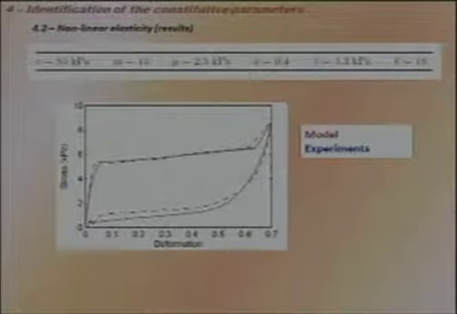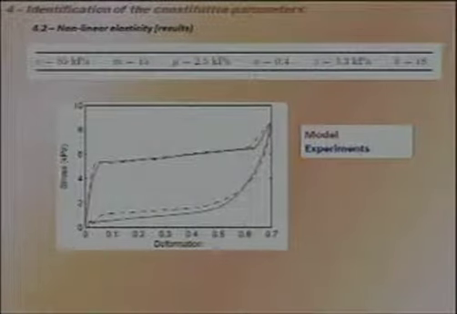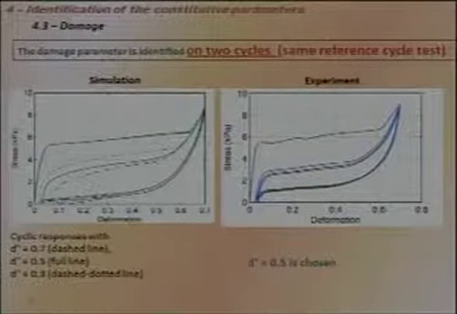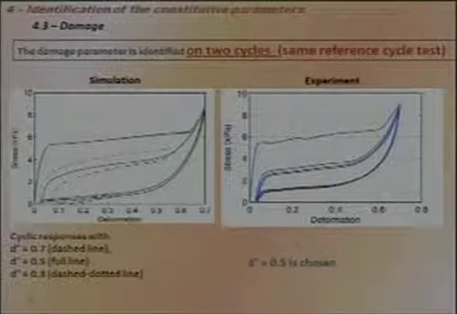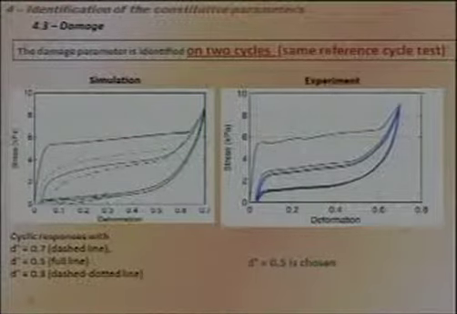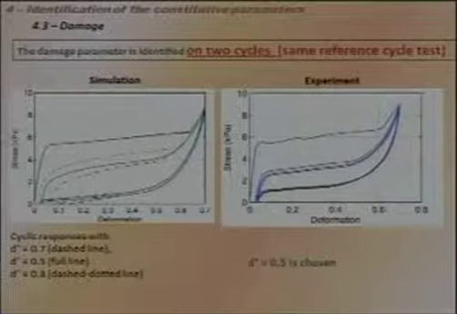That's after the identification of the nonlinear parameters, the simulation on one cycle. So in red the model, in blue the experiment. For the damage, we need to work on the same reference cycle test, but now on 2 cycles, because for the damage we will characterize the difference between the first and the second cycle.